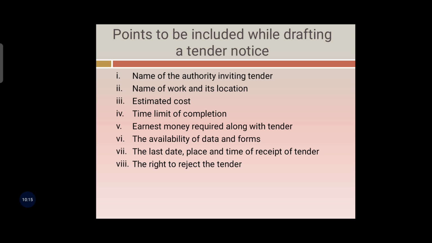Then the fifth one is earnest money required along with the tender. When you are entering the tender process, or when you are accepting that tender, or when you are interested in that tender, earnest money is required. So you make sure that the contractor is really interested in the work.